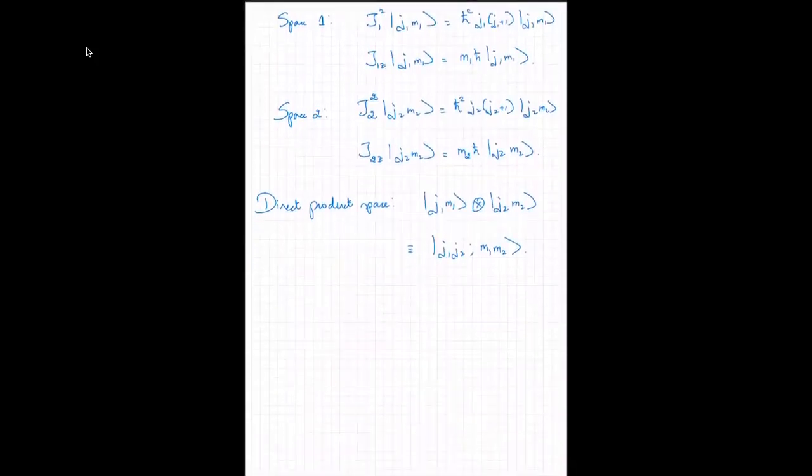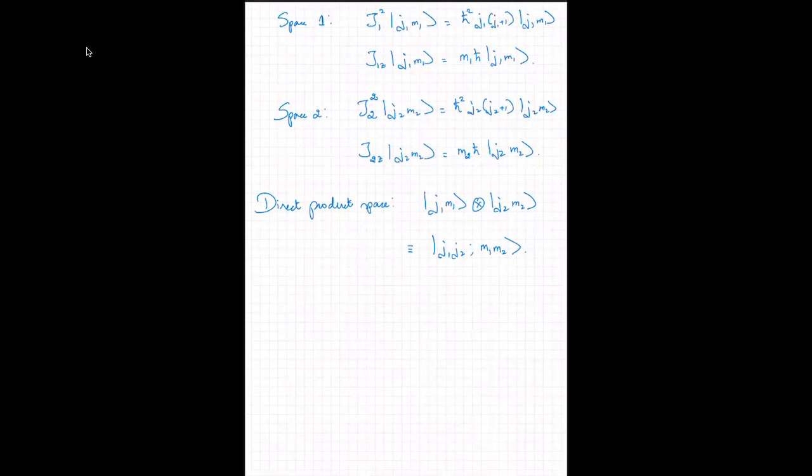These are the basis states in which I can be assured that a measurement of J1 squared will give me h bar squared J1 times J1 plus 1, and a measurement of J2 squared would give me h bar squared J2 times J2 plus 1. A measurement of J1Z will give me M1 h bar, and the measurement of J2Z will give me M2 h bar.